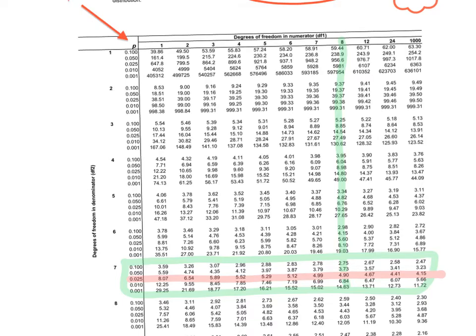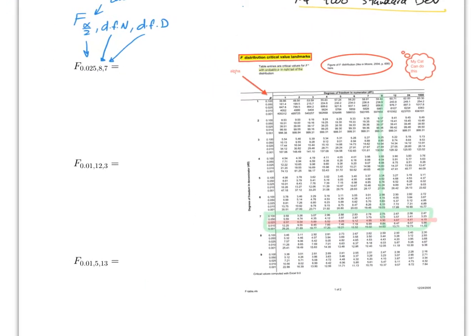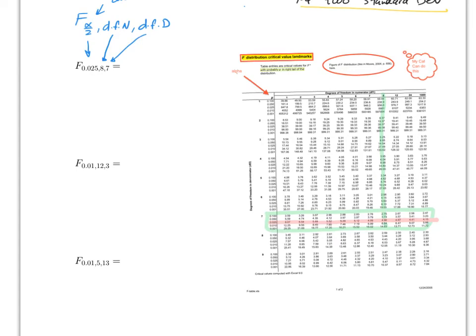So therefore, the value for this one will be 4.90. Remember, the whole point of this is to find the rejection region. This is technically F, the right side. Remember, the chi-square has a left and a right side.